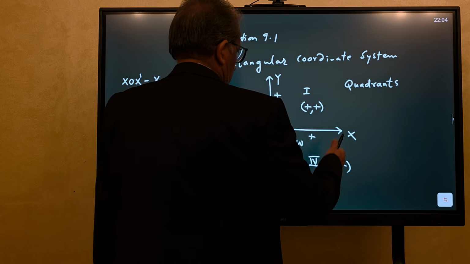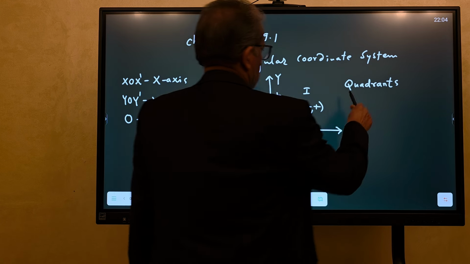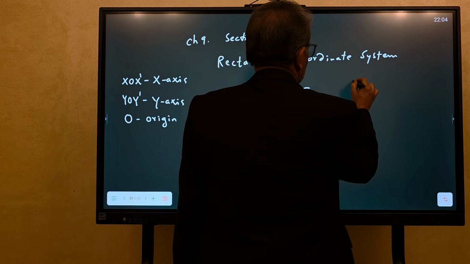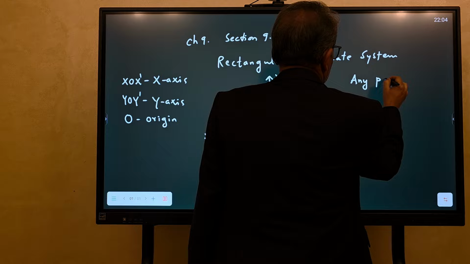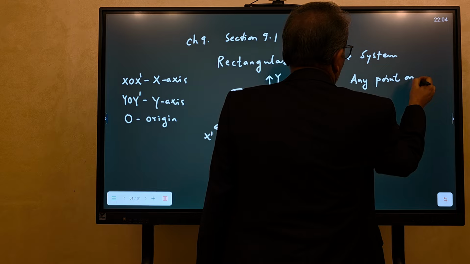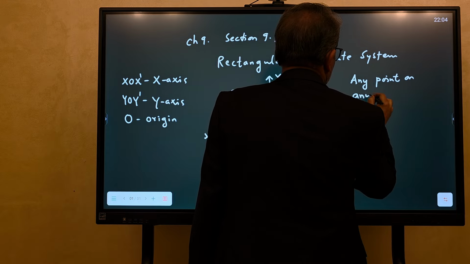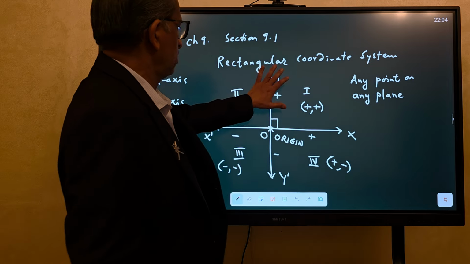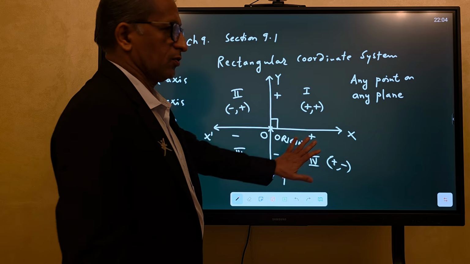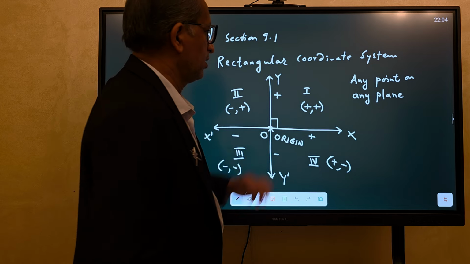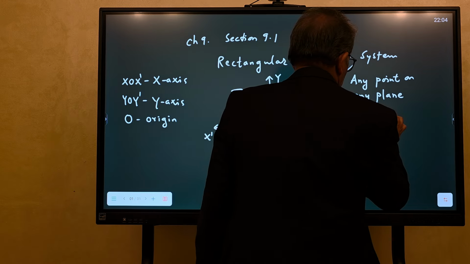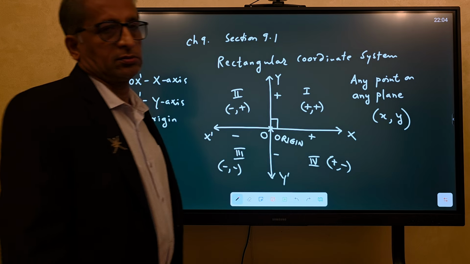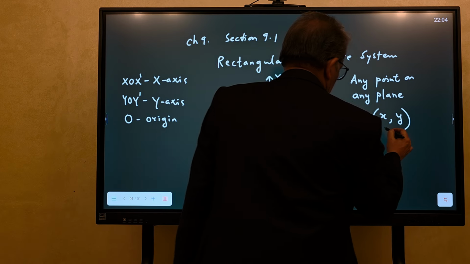Another point I would like to mention here is that any point in any quadrant, whether 1, 2, 3 or 4, since quadrants are parts of the plane, is denoted by an ordered pair.